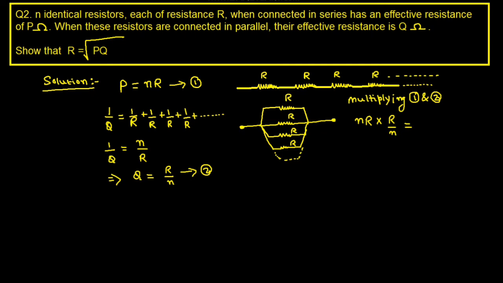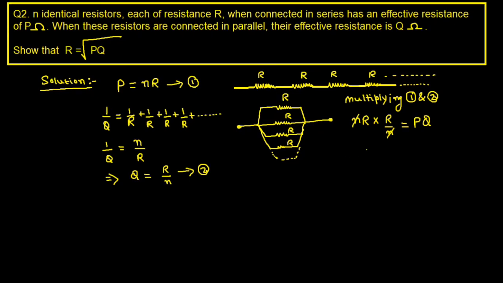Instead of Q, I'll put R divided by n. So this n and n will get cancelled. So clearly from here, R multiply R becomes R square. If we want to remove that square, then we can write R is equal to root over PQ.